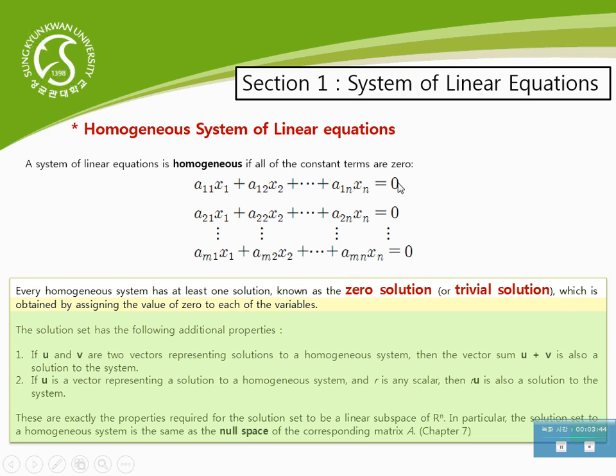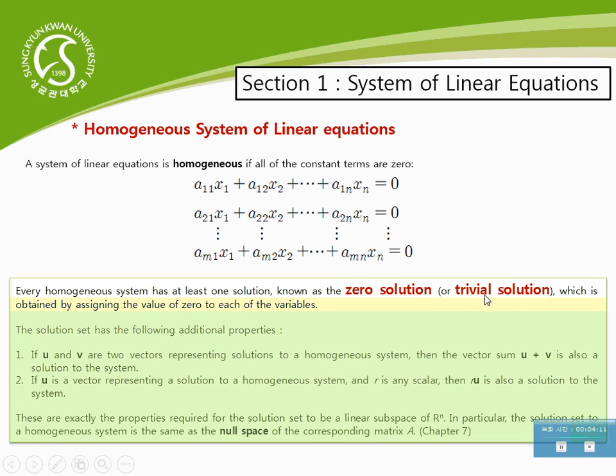Okay. Particularly if this vector b, the bi's, are all 0, then this linear system of equations is called a homogeneous linear system of equations. Homogeneous. In this case, if you put zeros for all xi's, then that satisfies this whole set of linear equations. So the zero vector is always a solution for this homogeneous system of equations.